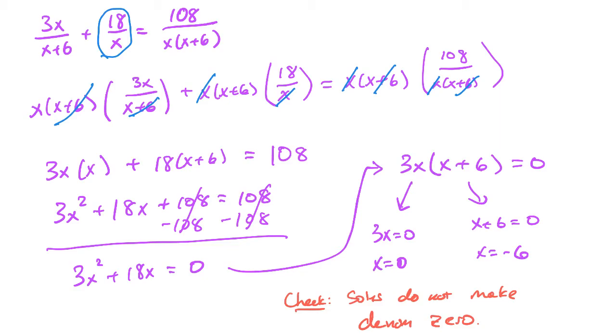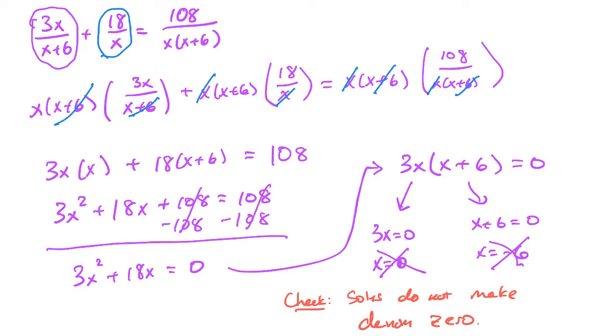Since that gives me a 0 in my denominator, I can't have x equal to 0 as a solution. By that same token, if I plug negative 6 into my denominator of x plus 6, that also gives me a denominator of 0, so I can't have x equal to negative 6 as a solution either.